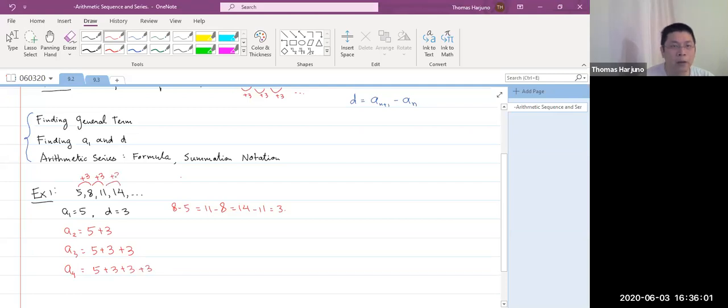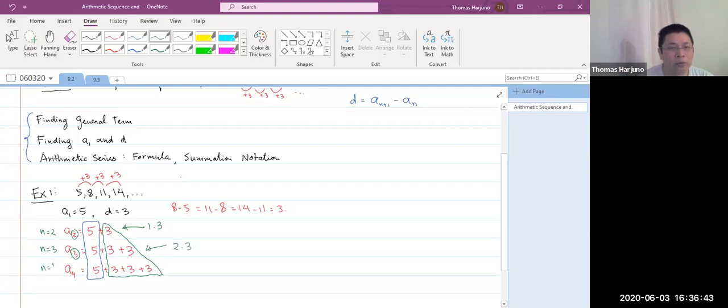I hope you see the pattern that we always have the first term, and the number of differences we add is 1 less than n. Here n equals 2, we add only 1 times 3. When n equals 3, we add twice 3.